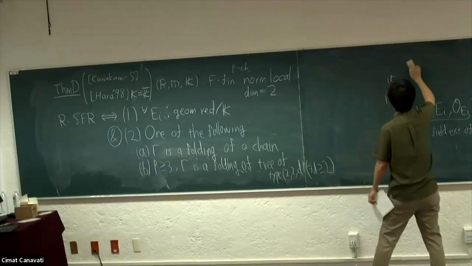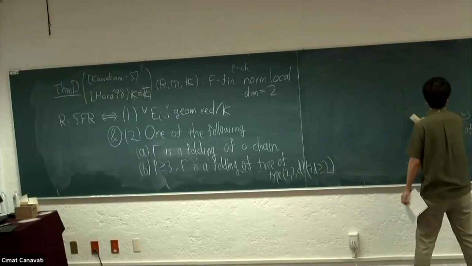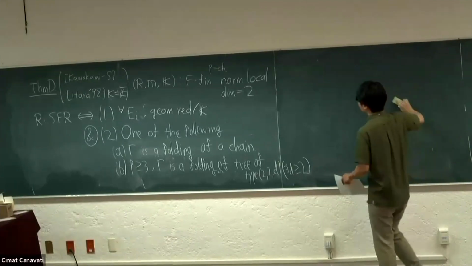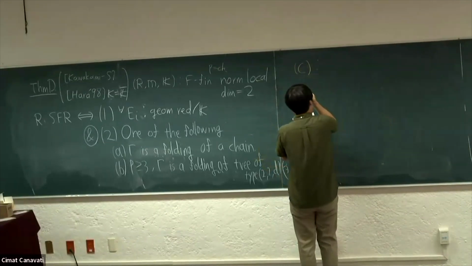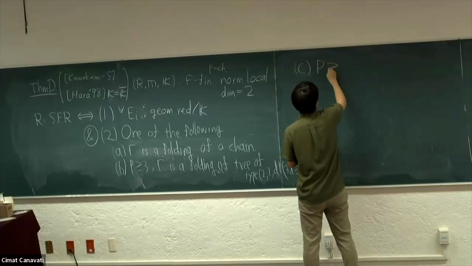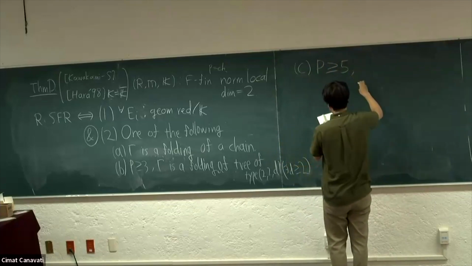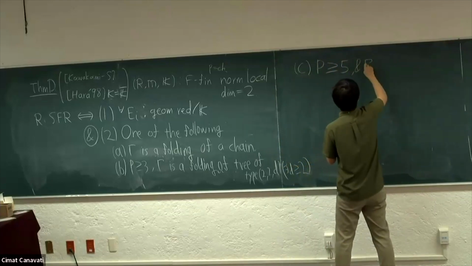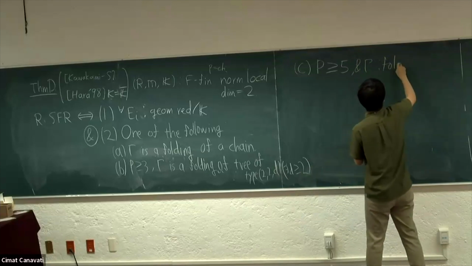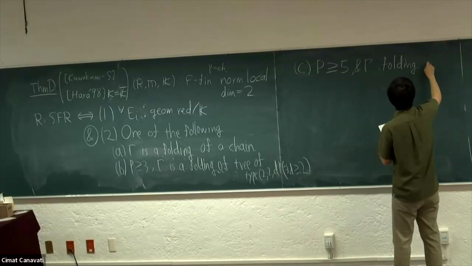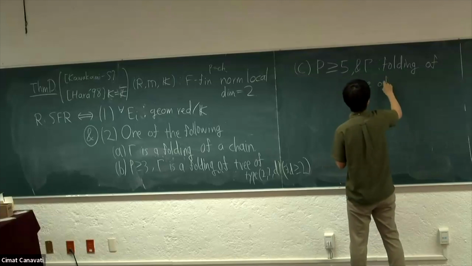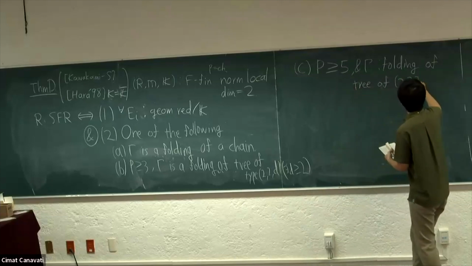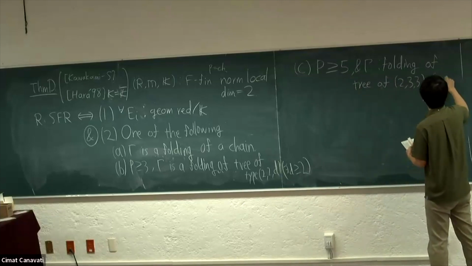In the third case, the characteristic is not 2 or 3, and gamma is a folding of 3 of 2, 3, 3, or 2, 3, 5, 2, 3, 4.